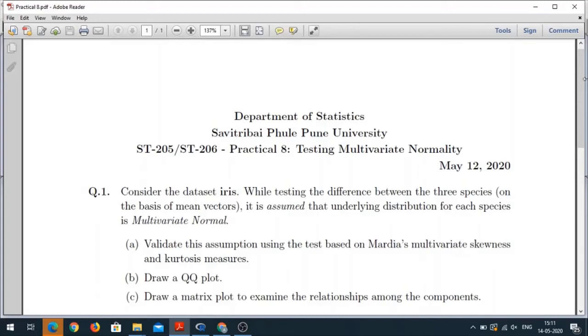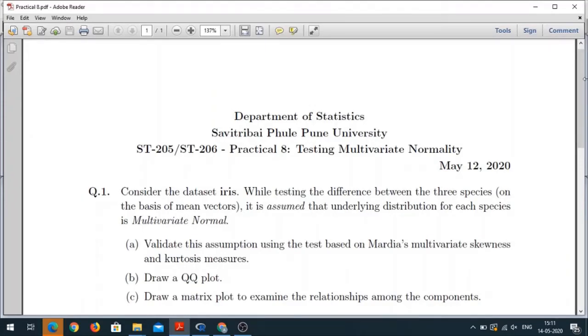Ideally, if the sample is actually coming from the theoretical population which we are comparing it with, then the sample quantiles and the population quantiles should be more or less the same, and hence the graph should be a straight line. If the x-axis and y-axis have values which should ideally be the same, then the line x equal to y should be a good fit for that scatter plot.